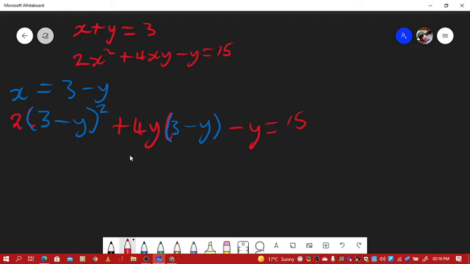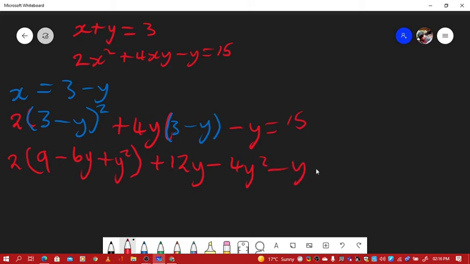Now let us simplify this. So we have 2 into 3 multiplied by 3, it's 9, minus y times 3, it's minus 3y, so we have minus 6y plus y squared, plus 4 times 3, it's 12y, minus 4y squared, minus y equals 15.